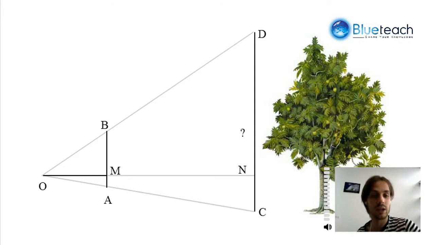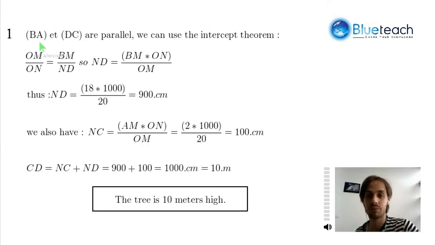If we write that down in equations, we have OM over ON equals BM over ND. Therefore, ND is equal to BM times ON over OM.